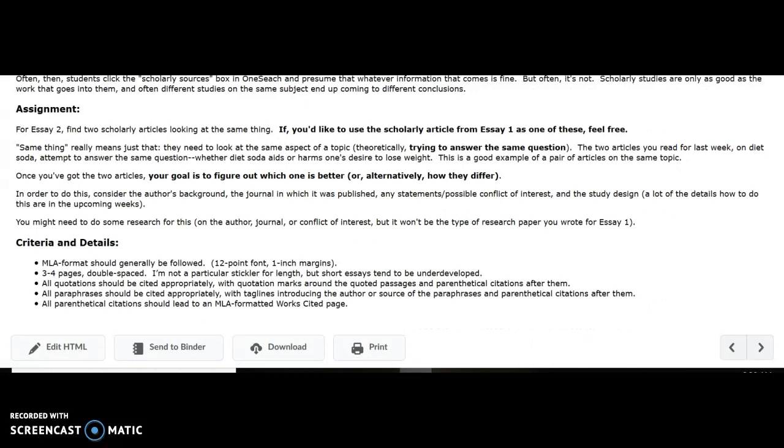So for Essay 2, I want you to find 2 scholarly articles of your own. So this is the first time you're doing any research in the class. Okay? If you want to use one of the scholarly articles that you used from Essay 1, you may certainly do that. You would just need to find a second. Okay? So the important thing for this assignment is that they really do try to answer the same question.